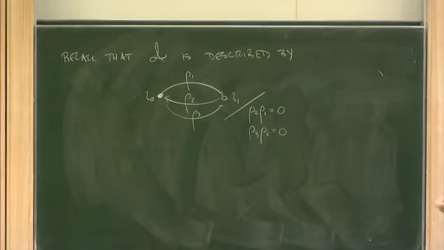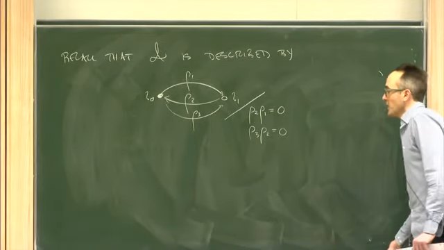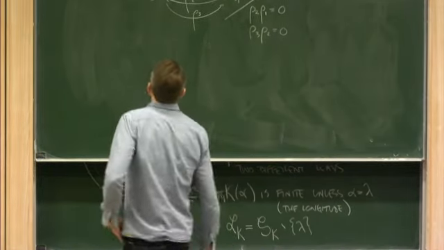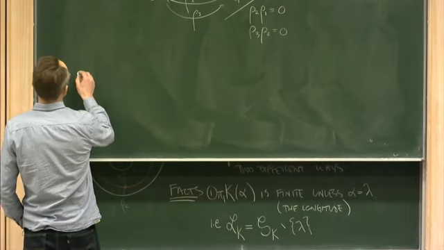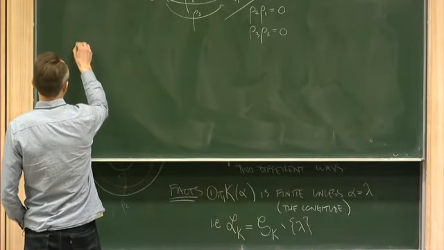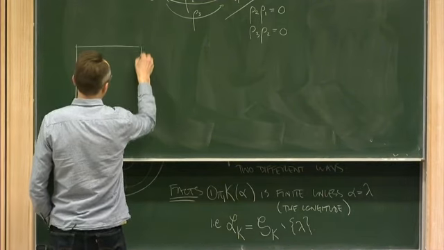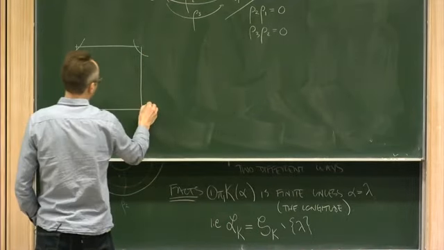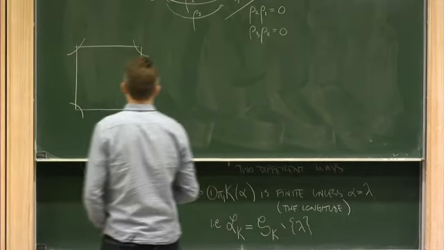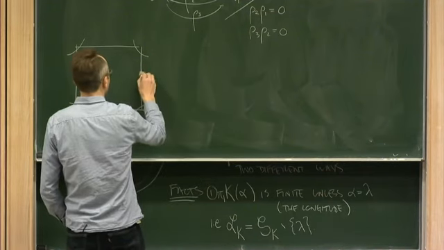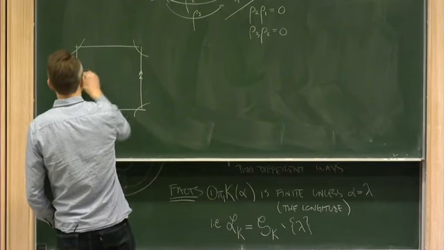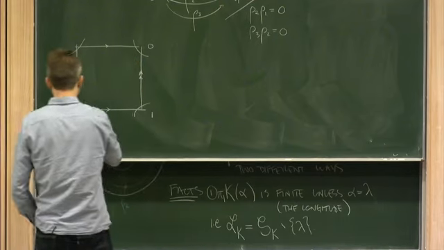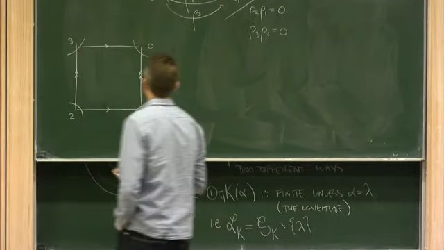Okay? And we could draw pictures of these algebra elements. So if you think of a torus, where I've cut out the corners, and I've labeled those as 0, 1, 2, and 3.